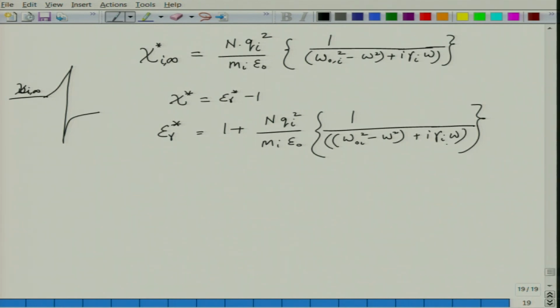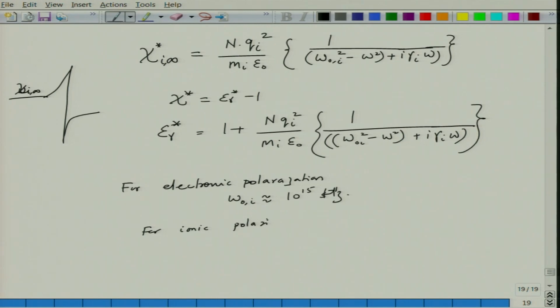All right. So, it turns out that for electronic polarization, omega naught I is of the order of 10 to the power 15 per second, or hertz, and for ionic polarization, these are approximate numbers, omega naught I is approximately 10 to the power 13 hertz or so.